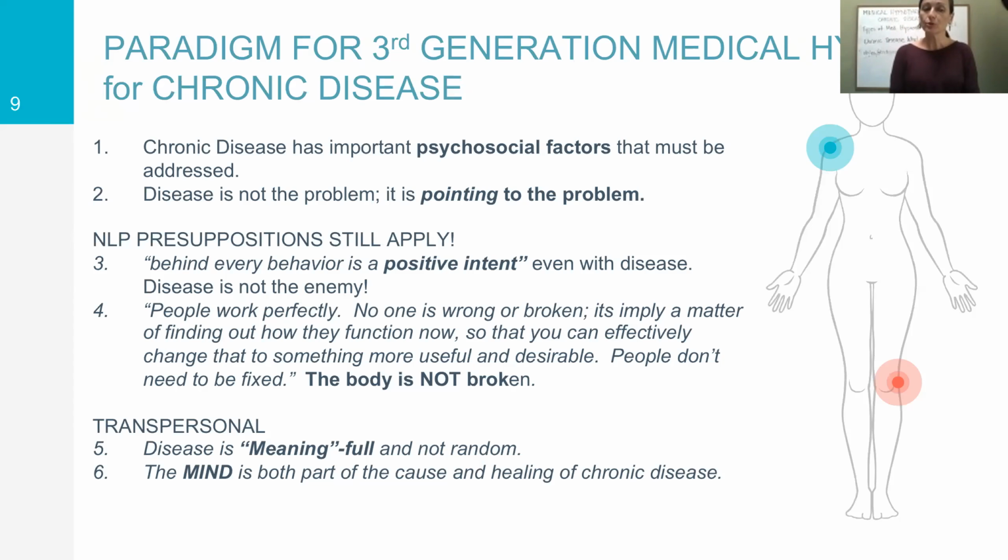People don't need to be fixed. Find out how they are working. Remember, in any problem, what they're coming in with is actually resolving something. Find out how them being stuck, them having a cancer, them procrastinating is actually solving something, and then find another way to solve it for them that's more desirable. The body is not broken.